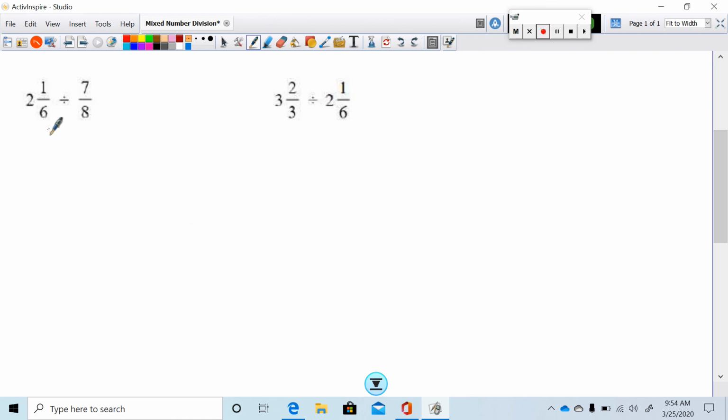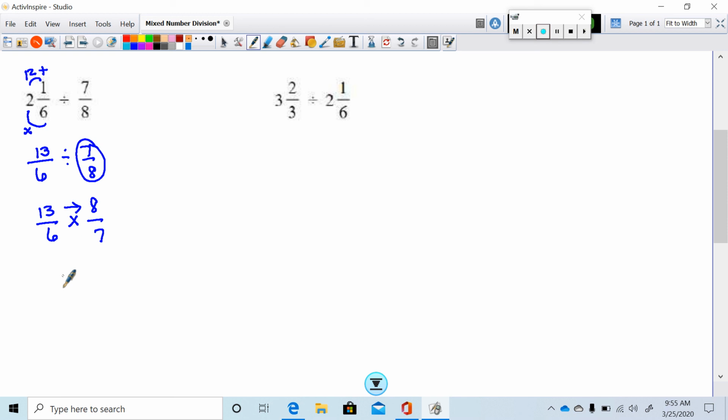Okay, so on this one, you keep the denominator, multiply, 6 times 2 is 12, and add. 12 plus 1 is 13. And we're going to divide that by 7/8. So you keep the first fraction, you change the division to multiplication, and the second fraction you flip it.